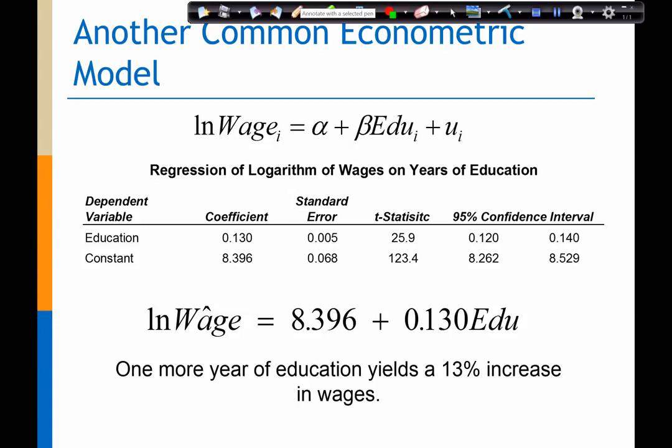So what you would do is take the coefficient on education, talk about it in terms of a percent, but you have to move the decimal place. And that way of interpreting it is because of the properties of logs. So when education goes up by 1 year, wages will go up by 13% on average.